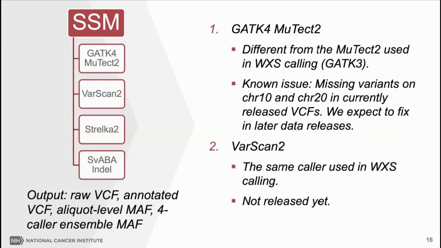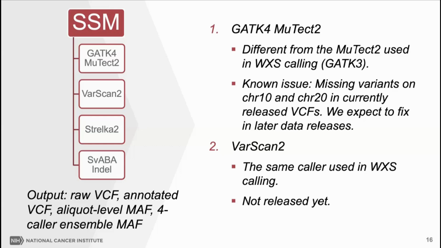Now let's talk about the simple somatic mutation calling pipelines. We have tried to structure these pipelines similarly to what we already have for the whole exome. Each pipeline will generate a raw VCF, a normalized, left-aligned and annotated VCF, and an aliquot-level MAF file that includes results from a single caller.